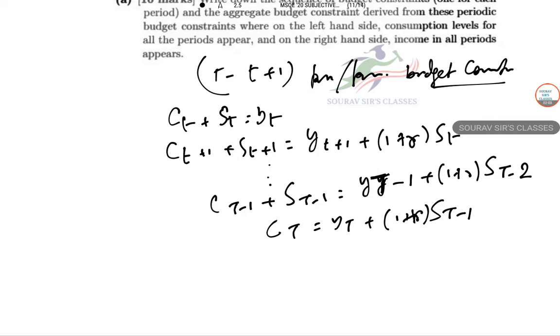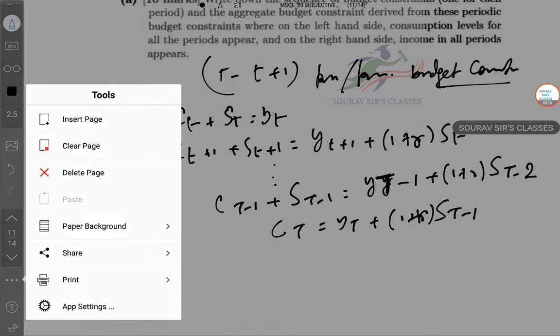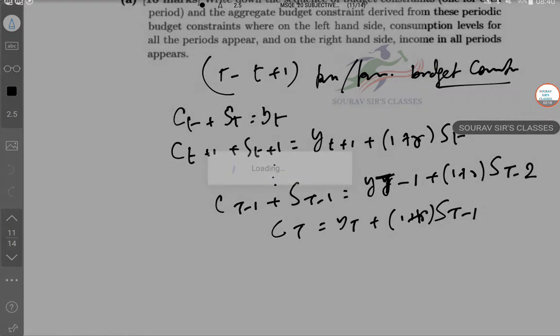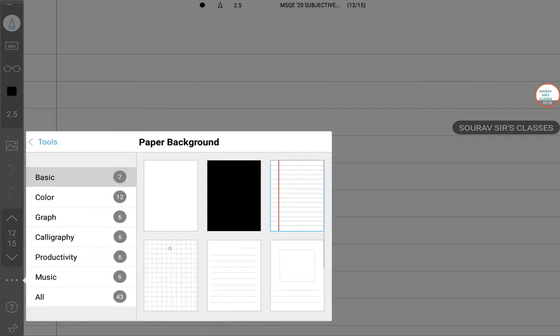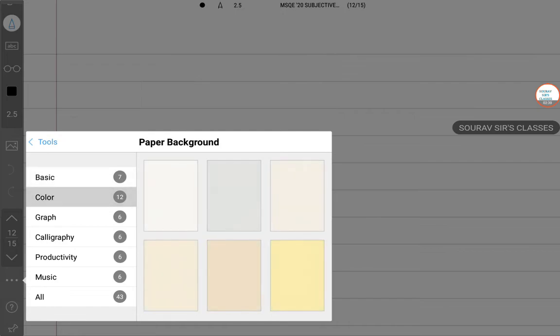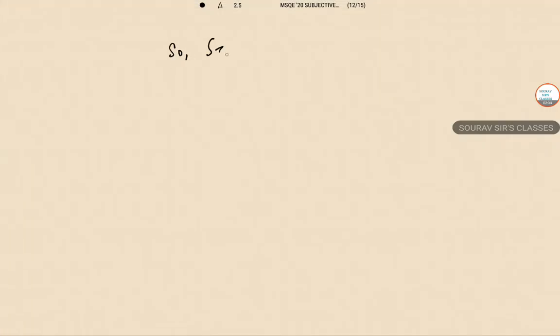There will not be any savings in the last period, so s_T equals 0, as the last period saving is 0.